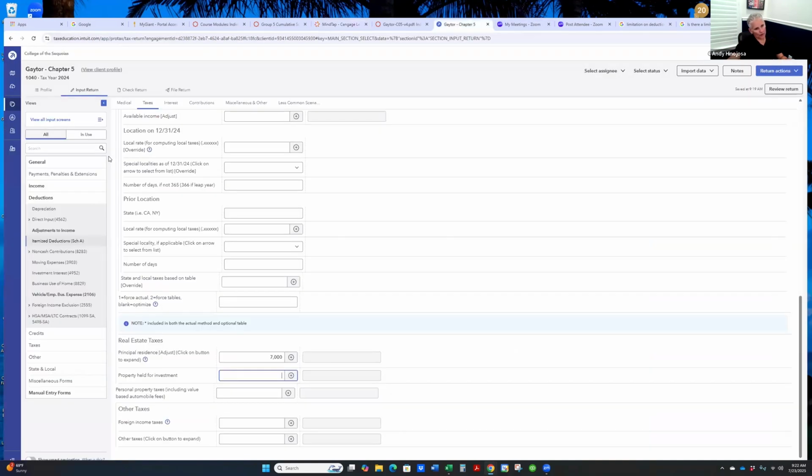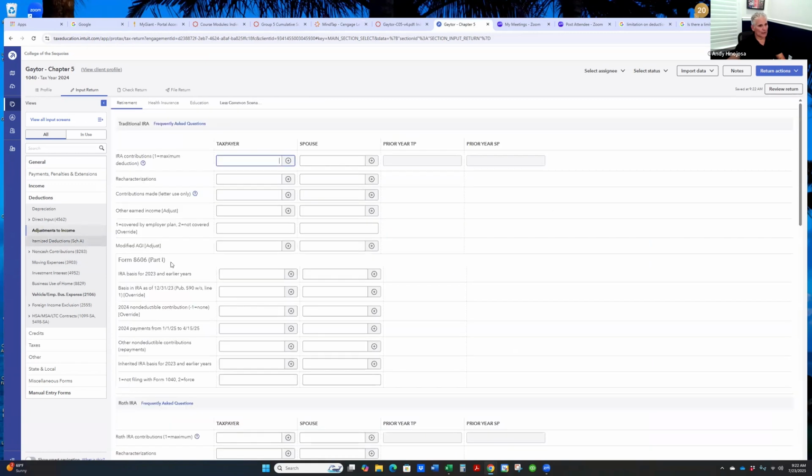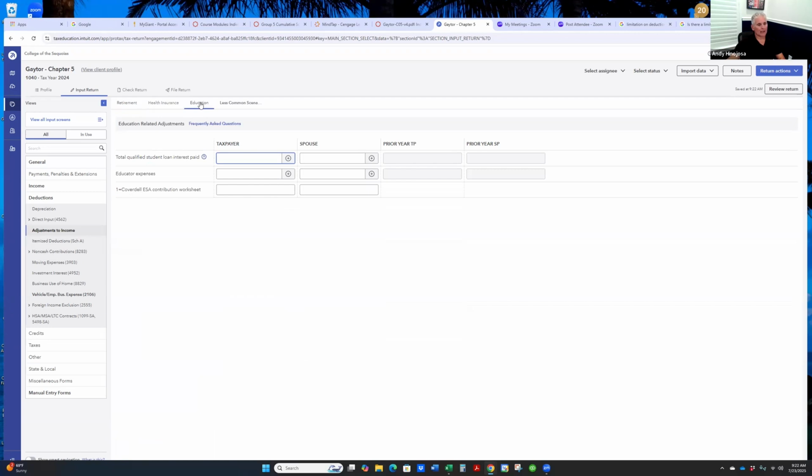Everything we've entered so far has been under Schedule A. We're going to make this entry into adjustments to income. The textbook refers to it as for income, for AGI. In that area, we have retirement, health insurance, and education. We're going to click on the educational tab.